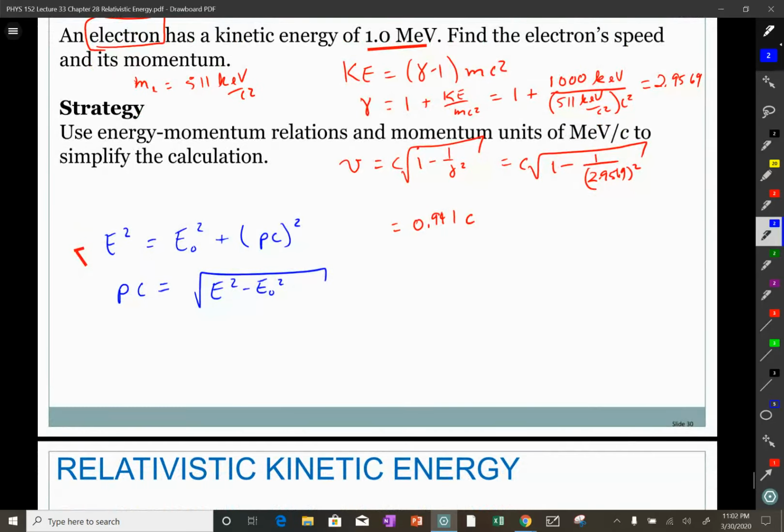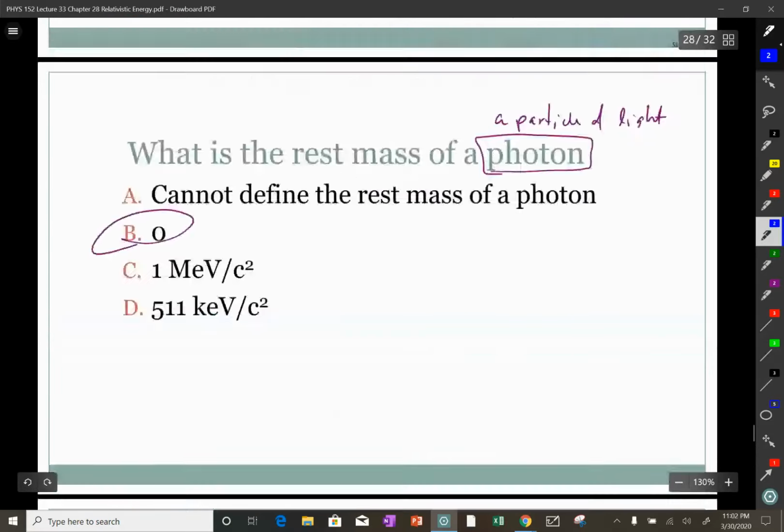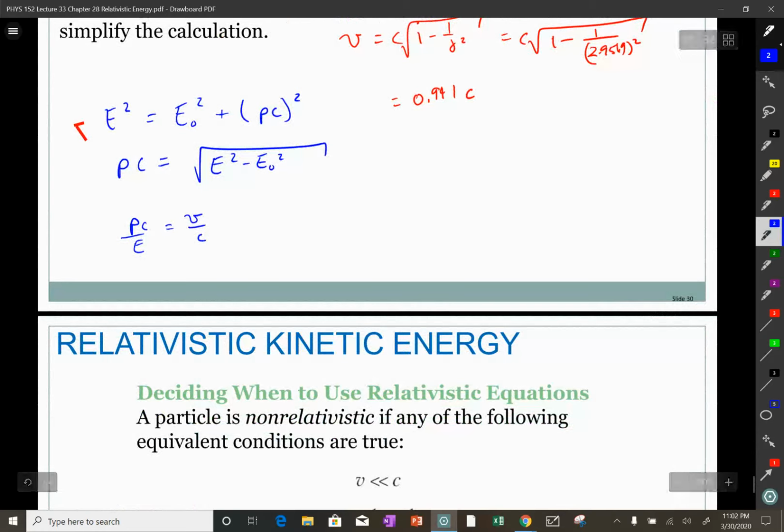And then the second relationship was that PC over E is equal to V over C. I'm going to scroll because I don't want to make a mistake here. PC over E is V over C. And so substituting from above, the square root of E squared minus E0 squared, over E, is V over C.